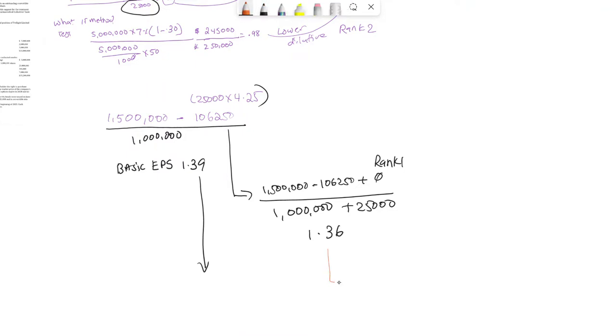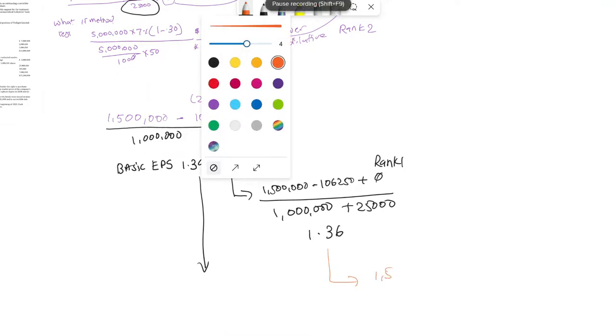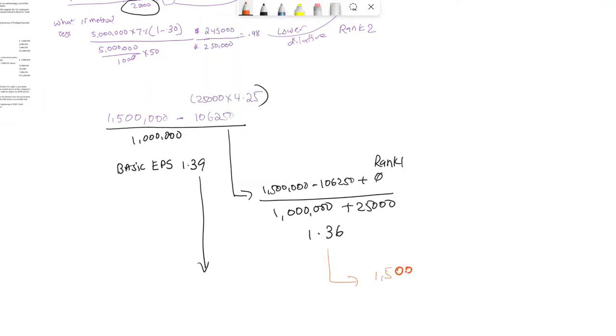So let's do that. Now my basic, I'm going to change the ink a little bit. 1.5 million didn't change. My dividend did not change. The first number was 0, and that was my rank number 1. You don't need to do this, but I'm doing it to show you. For rank number 2, I take the top number, in this case 245,000.